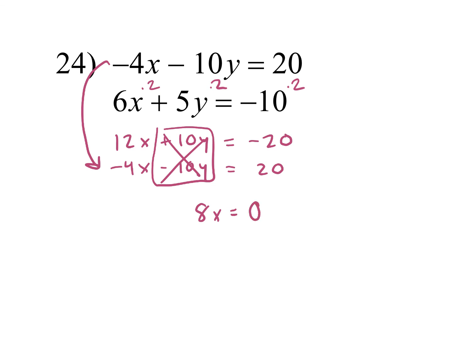Because you wouldn't want to cancel it and it be equal to nothing. Make sure you write the 0. So then how do I solve for x? Divide by 8. So what's x equal to? 0.